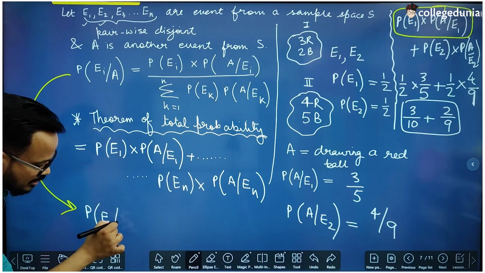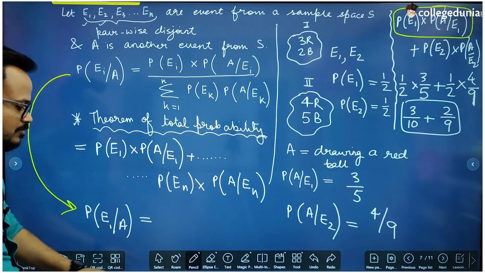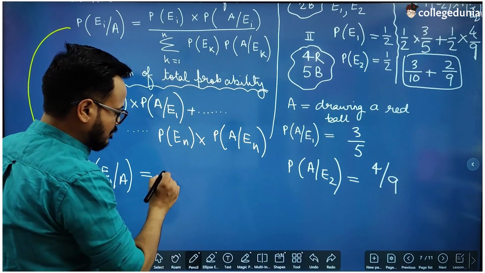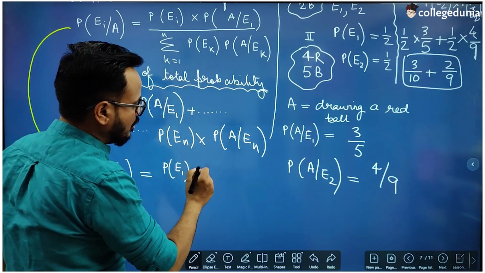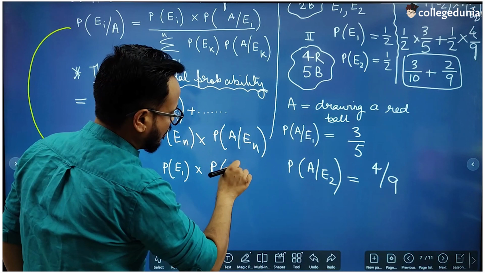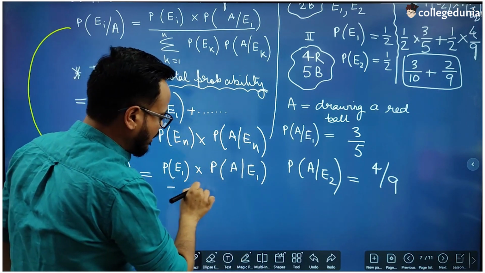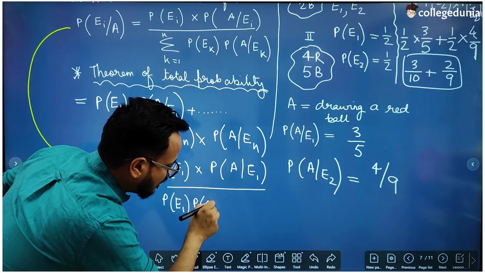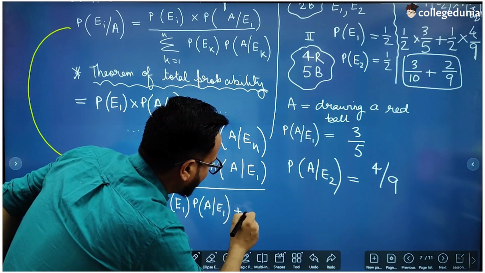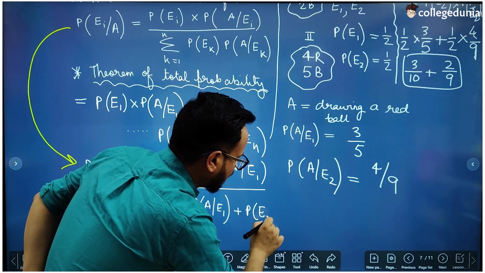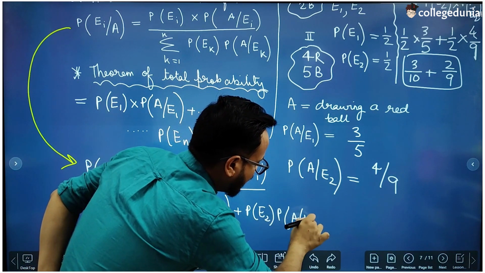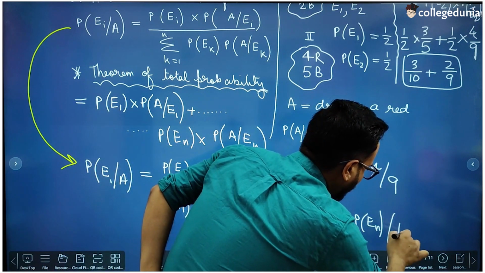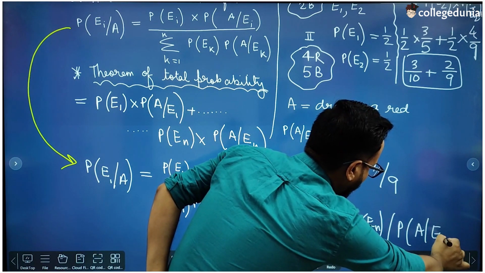So P(E1/A) is equal to P(E1) into P(A/E1) divided by P(E1) into P(A/E1) plus P(E2) into P(A/E2), and suppose you have n events, so the last term will be P(En) into P(A/En).